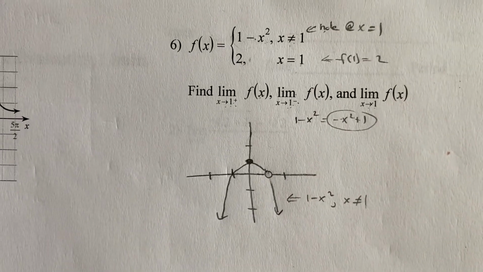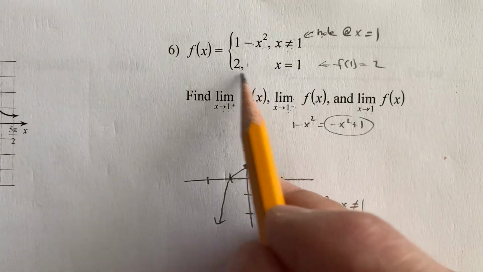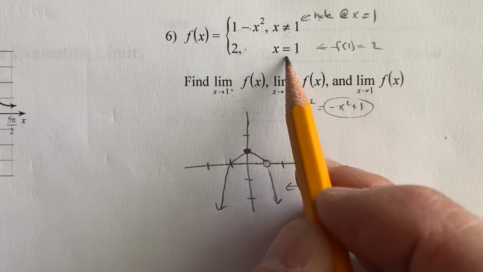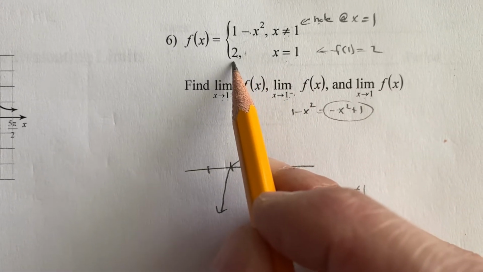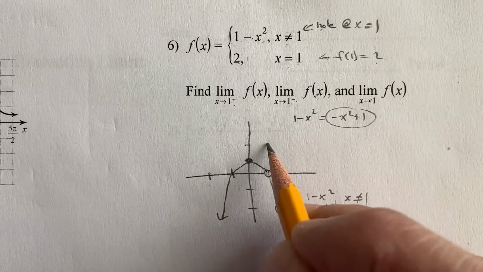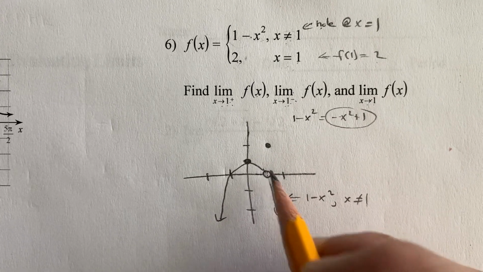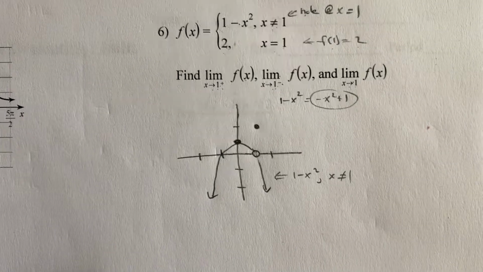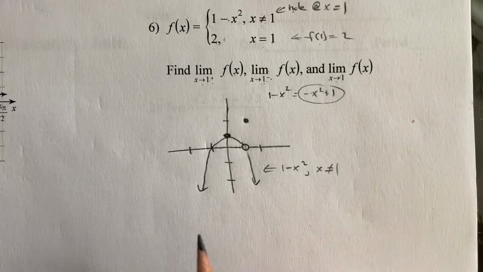So that's how you would graph it, right? And then this bottom part of the piecewise, x is equal to 1, f of x is equal to 2, right? f of 1 is equal to 2. Well, at 1 it's equal to 2. Okay, so there's a rough sketch of my graph. And now let's answer the question.